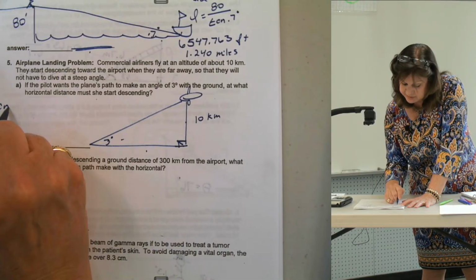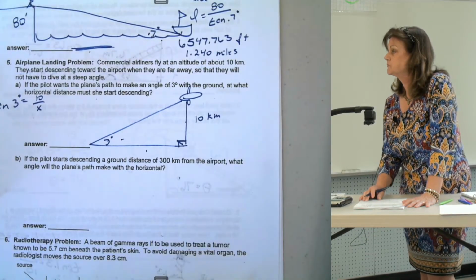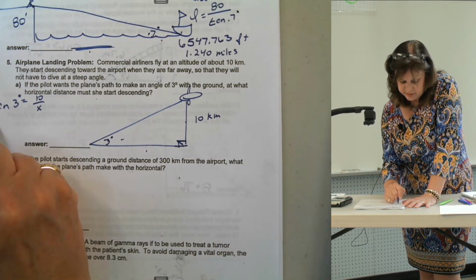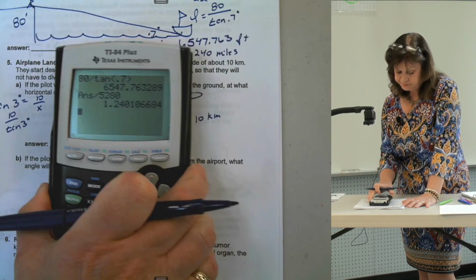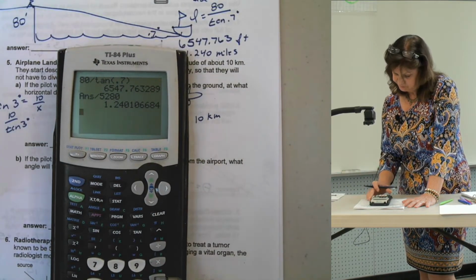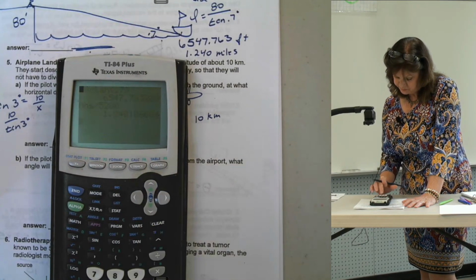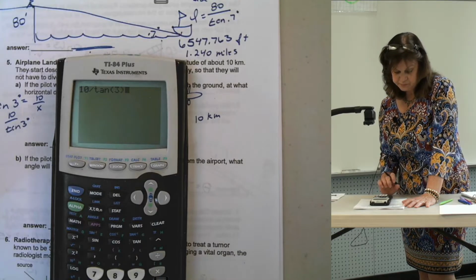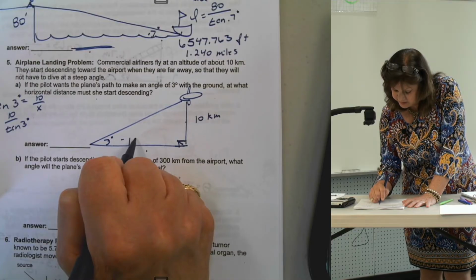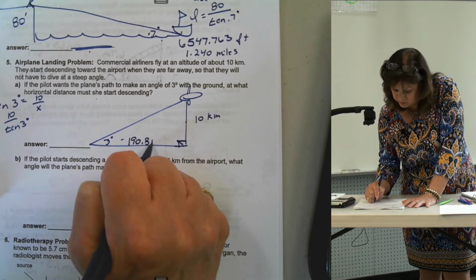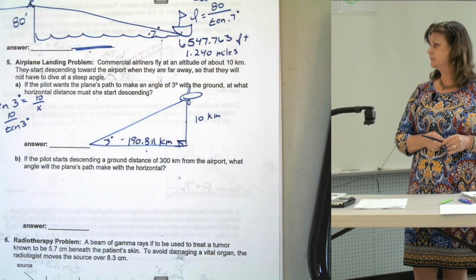So the tangent of 3 degrees is 10 over, I don't know, so it's 10 divided by the tangent of 3 degrees. Okay, so at 190.811 kilometers is when he should start descending.